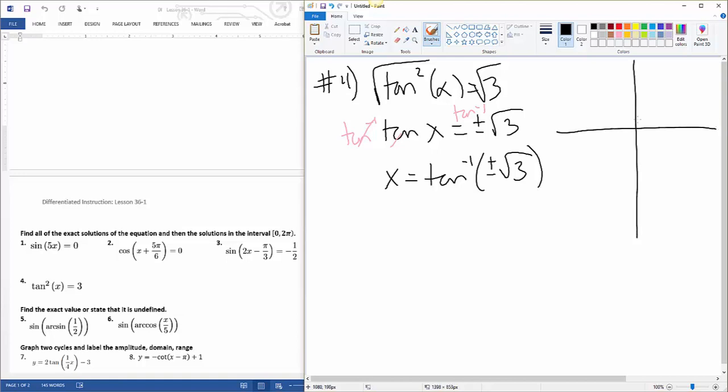On the unit circle, that's going to be here at pi thirds, and here, here, and here. So that's pi thirds, 2 pi thirds, 4 pi thirds, and 5 pi thirds.